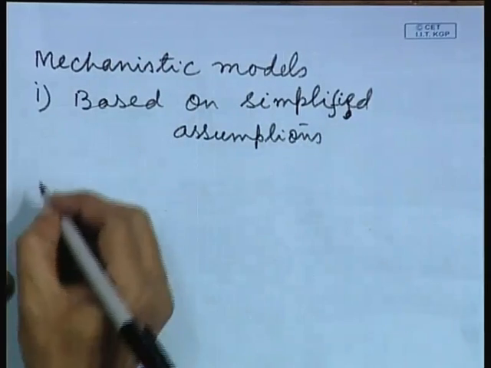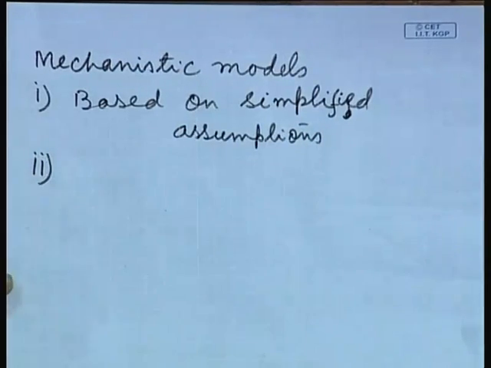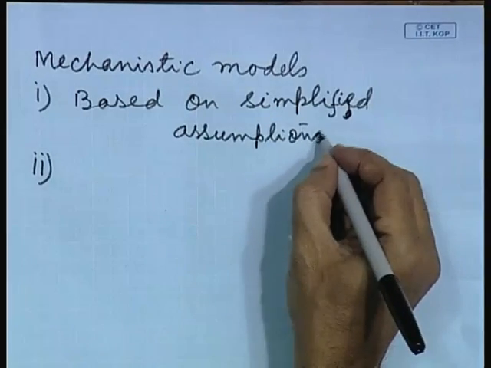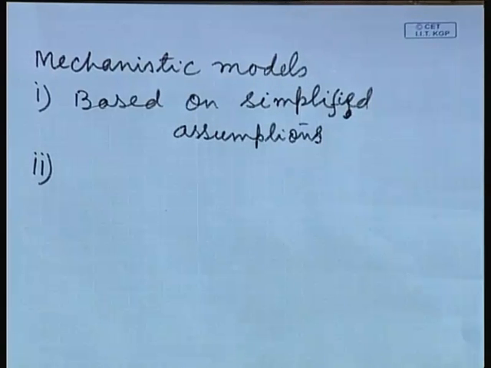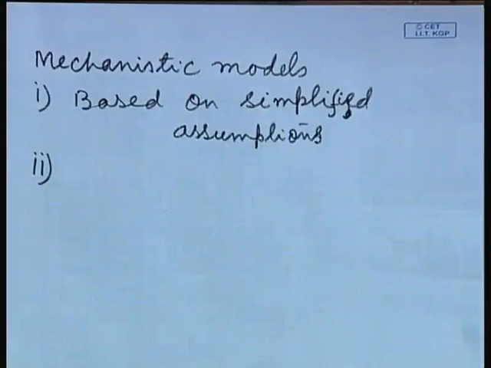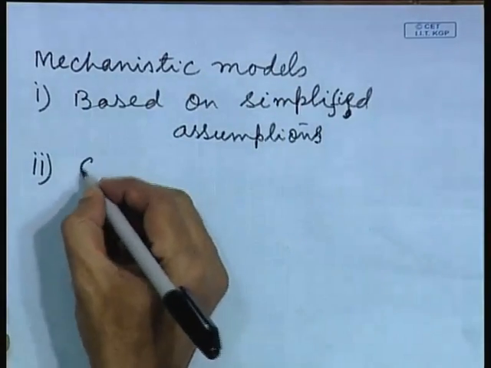So, this is one drawback of the mechanistic model, and in many cases in the mechanistic model we assume certain things, that is, simplified assumptions. So, closure is needed.